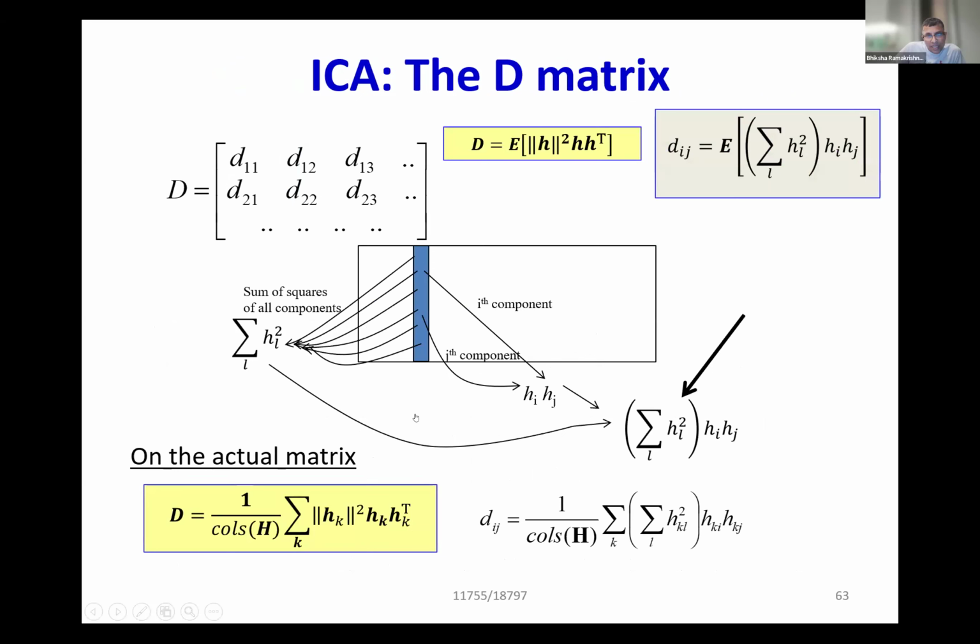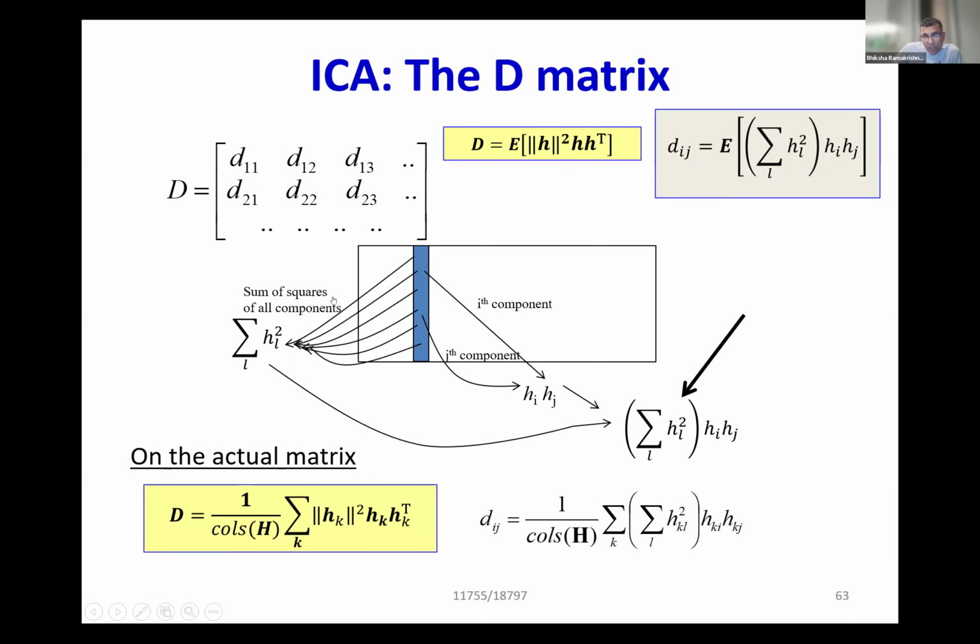So if these are my H's, then I can define this matrix D, which is the expected value of the norm of H squared times H transpose. The ijth element of D is simply going to be the sum of the squared elements.